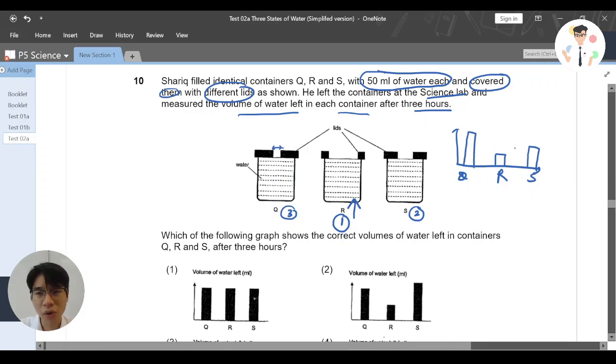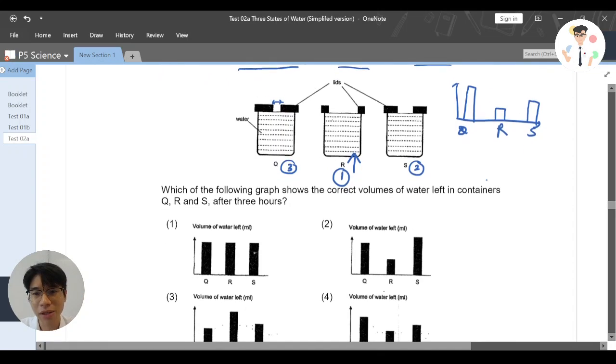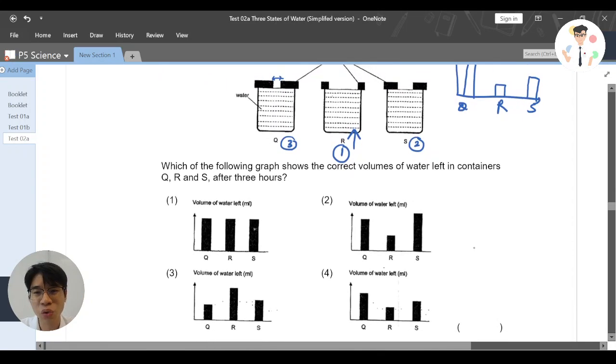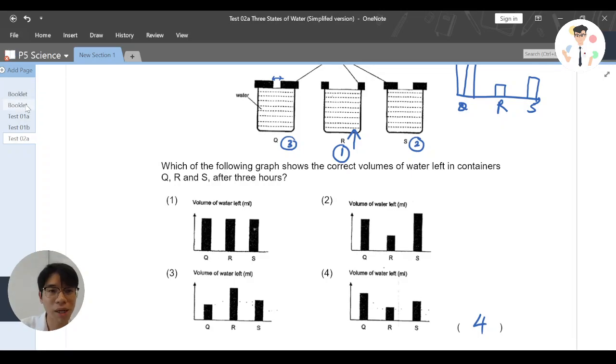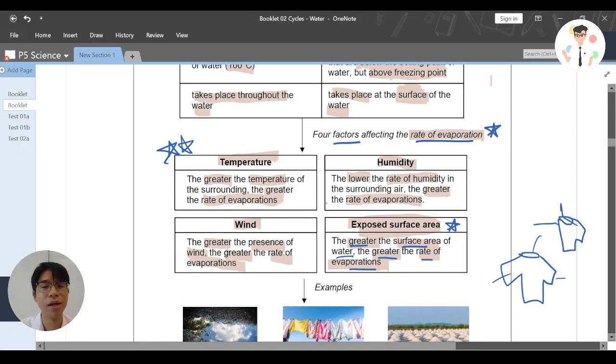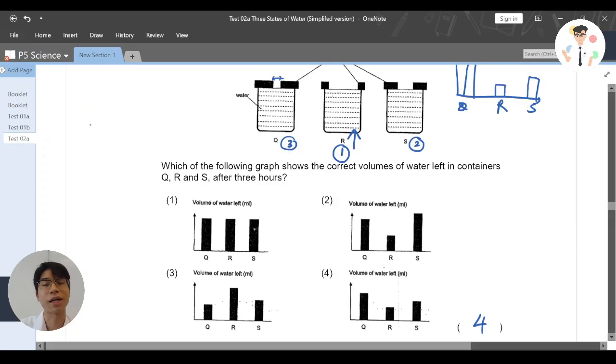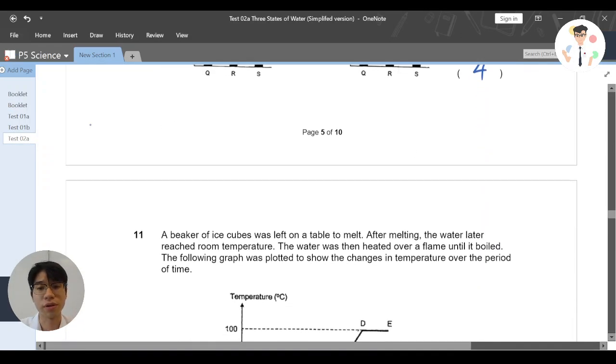With that in your mind, take a look and think which one shows what you drew here. You notice it's option number 4. Again, you must know the concept here, the 4 factors affecting the rate of evaporation. If you don't know this concept, you can't understand and do this question.